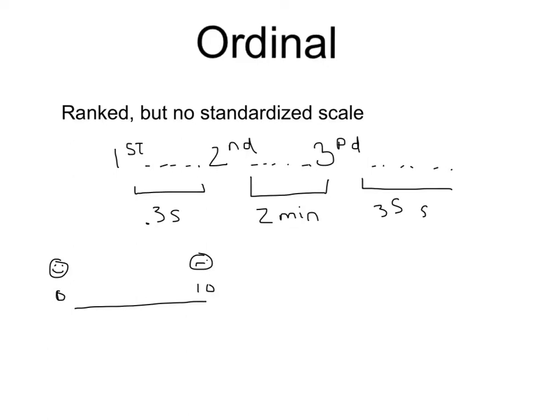So in this case, your 0 and my 0 might be similar, but if my 0 is from the pain that I experienced when I broke my collarbone, your 0 might be the pain you experienced if you were in a car accident ever, or your pain might not ever be that bad. You could have a very low pain threshold because the worst injury you ever had was turning your ankle. So because we have different ways of defining what pain is, we're going to have no standardized scale.